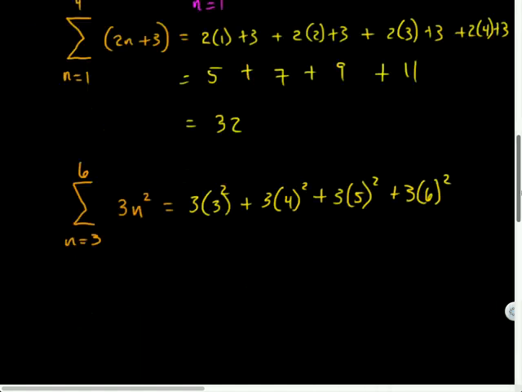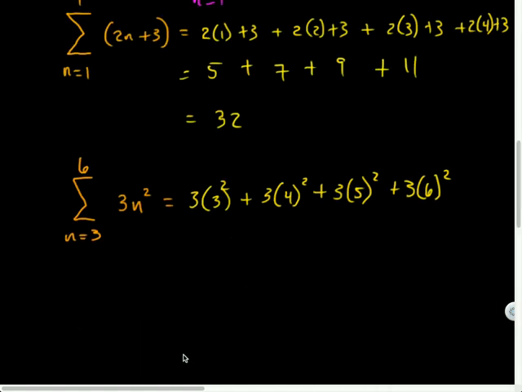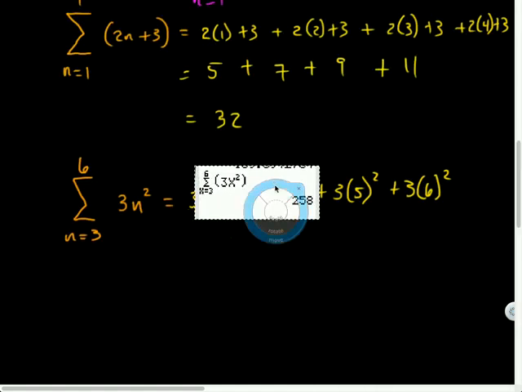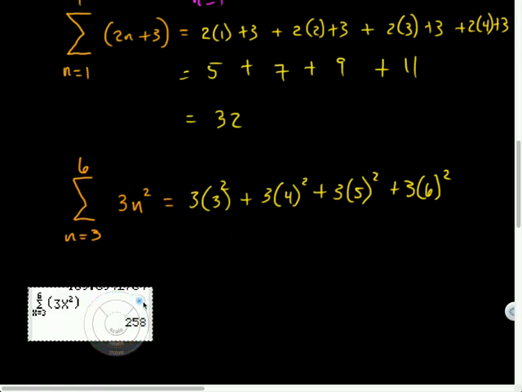But we're not really going to be using calculators, but if you used it as a check or something like that, I'd be fine. Because we're going to be more curious about the relationships of everything here. So let's see, 3 times 9 is 27, plus 3 times 16, 30, plus 18, 48, plus 3 times 25 is 75, and 3 times 36, 90, plus 18, 108.